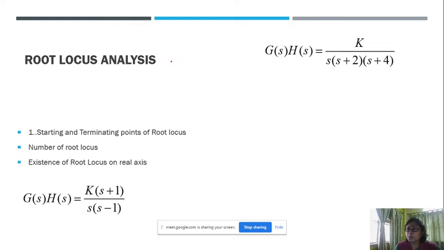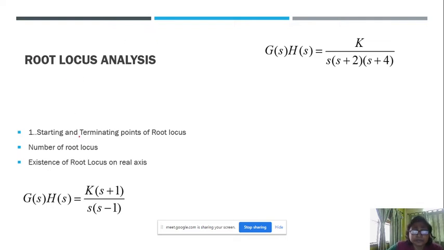If you take the argument of that complex function, and it comes to minus pi, then you know that point is on the root locus. If this angle is not equal to minus pi, that means that point is not on the root locus. We have discussed that in our previous classes.